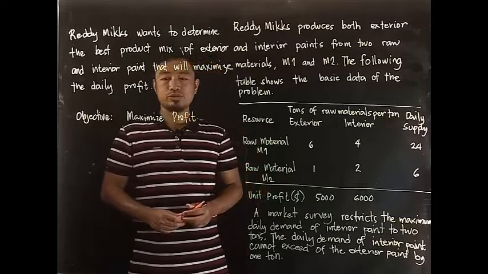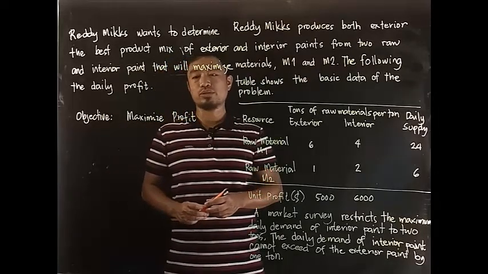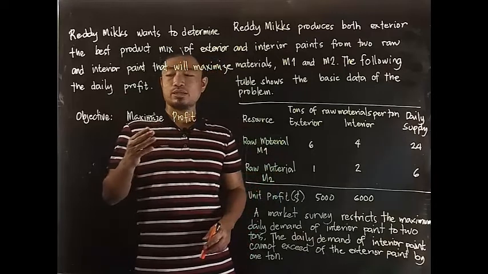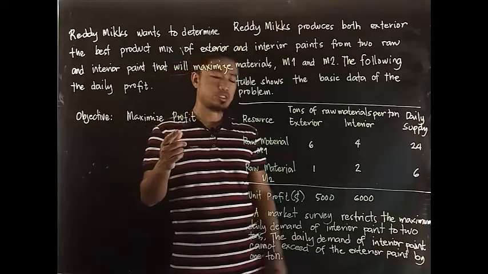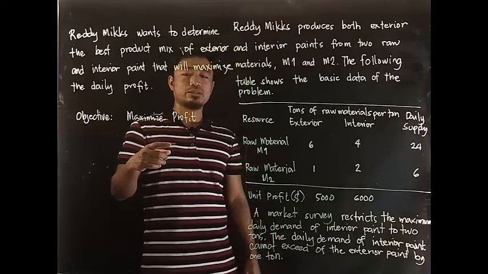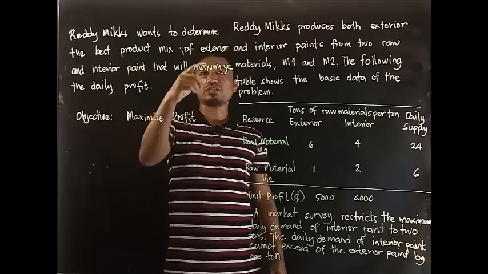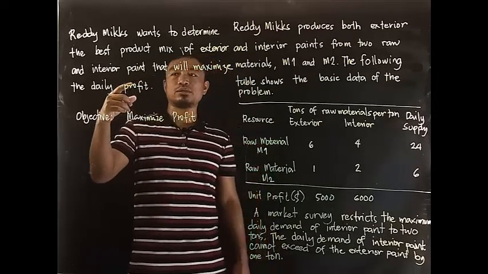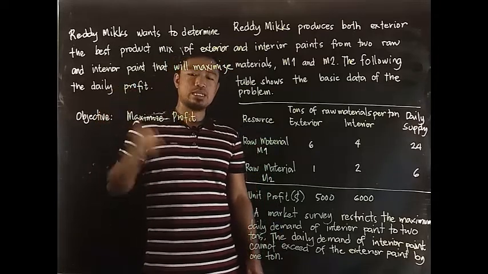The next step is to identify the decision variables that will directly affect the quantity we want to maximize, which is profit.